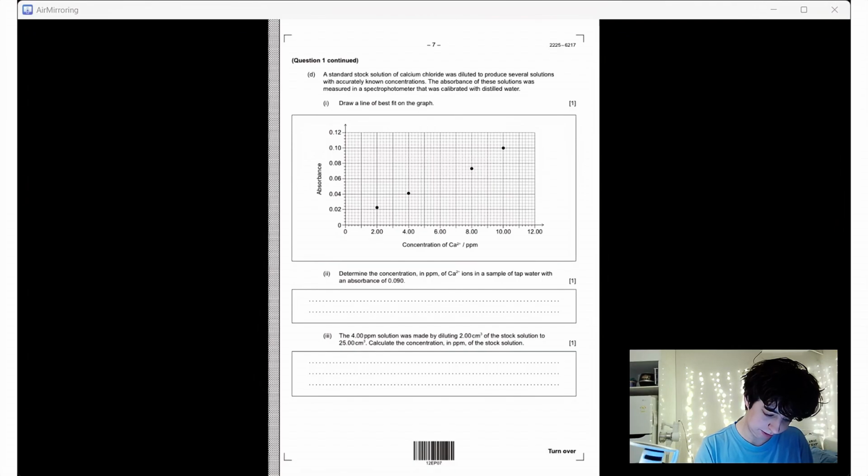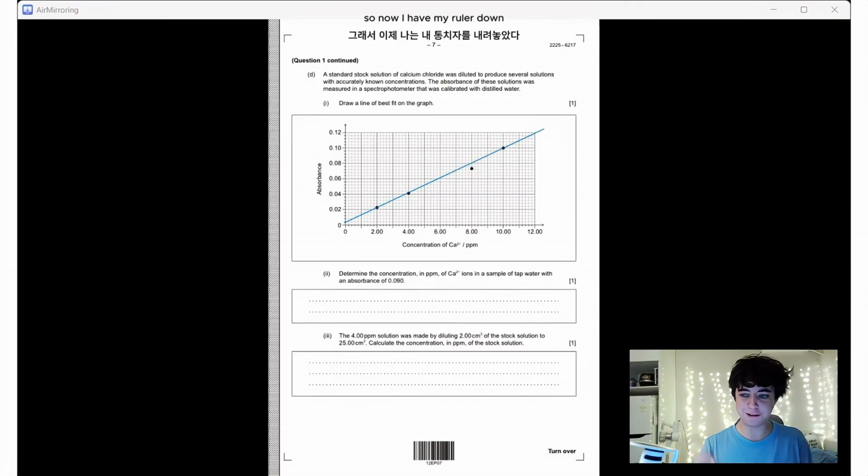It's like 1 above, 1 below, 1 directly in line. Oh, that's cute. Okay, so now I have my ruler done. So that's our line of best fit. You have 3 that are kind of exactly on it, 1 a little bit below, probably a little outlier. I don't know, feels right. Okay, we're going with that.